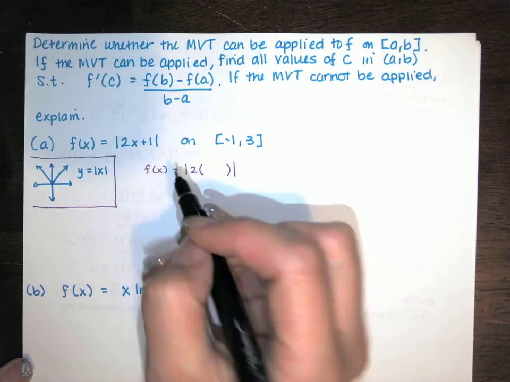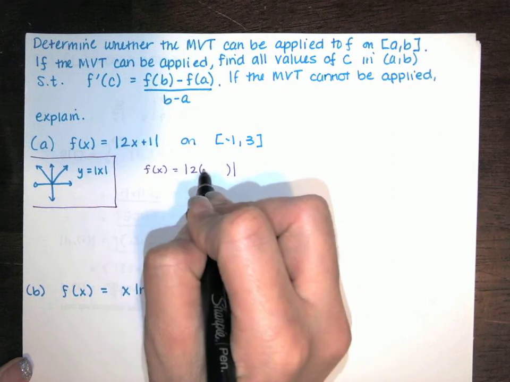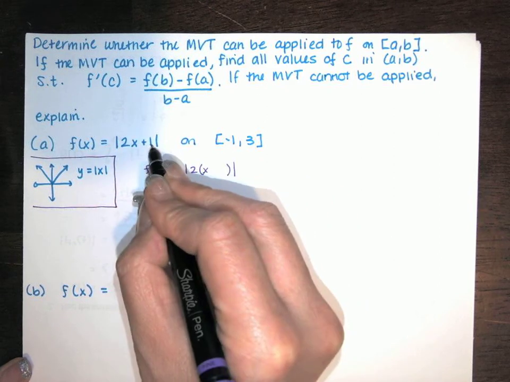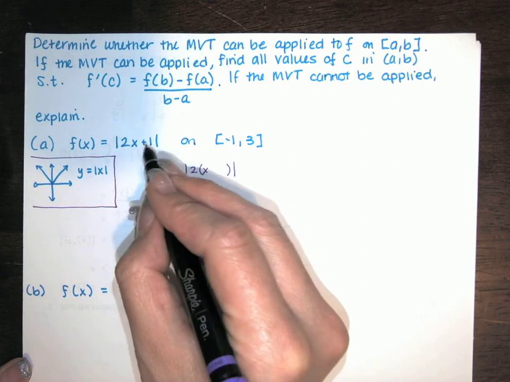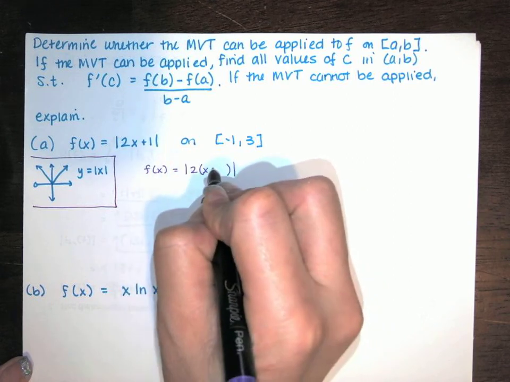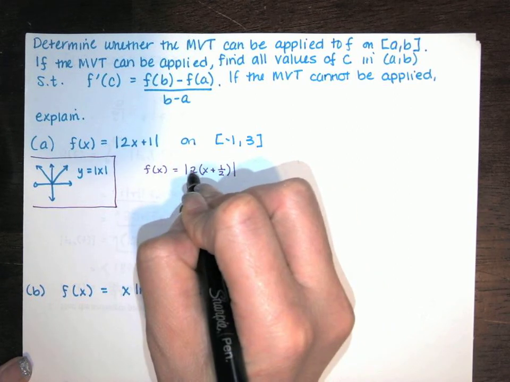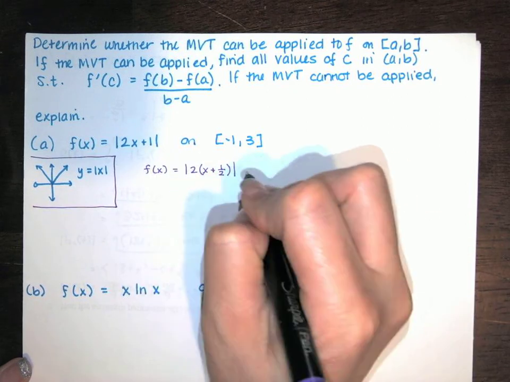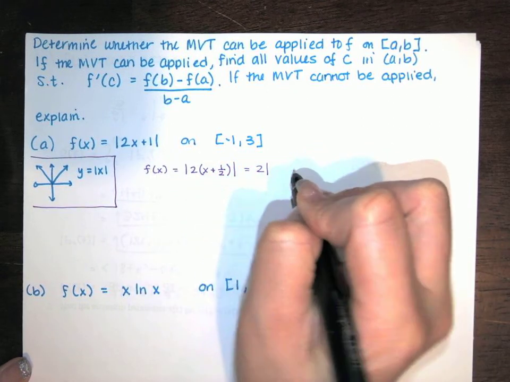So I ask myself, 2 times what gives me 2x? X. Then 2 times what would give me a 1? I know it doesn't seem to factor nicely, but it's okay. We can use a fraction here. 2 times 1/2 would give me a 1. So I can factor that 2 out.